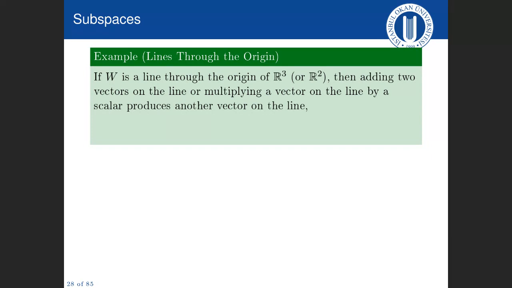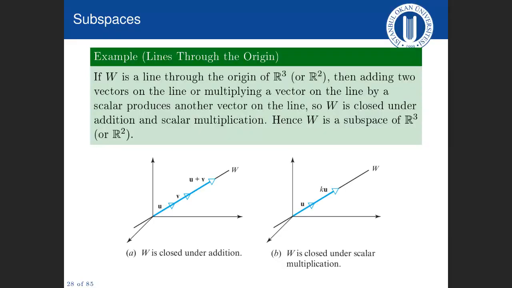Next, let V be the vector space R3 or R2 if you wish, with the usual addition and scalar multiplication. If W is a line through the origin, then if we add 2 vectors on that line, or if we multiply a vector on that line by a number, then we're going to get another vector on that line.